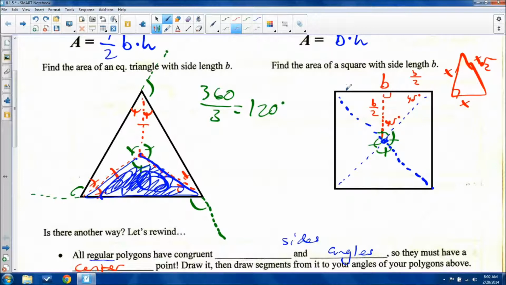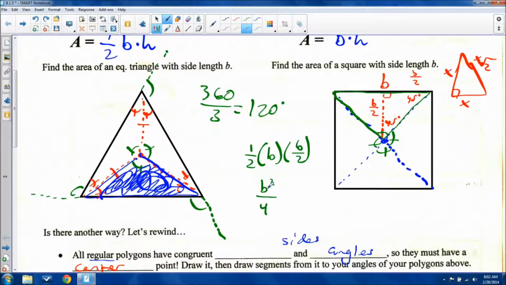So the area of this, let's make it a green triangle, is 1/2 base times height. So it's 1/2 base b times height b over 2. So the area, 1/2 times b, or b times b over 2 is b squared. 1/2 times 1/2 is 1/4.